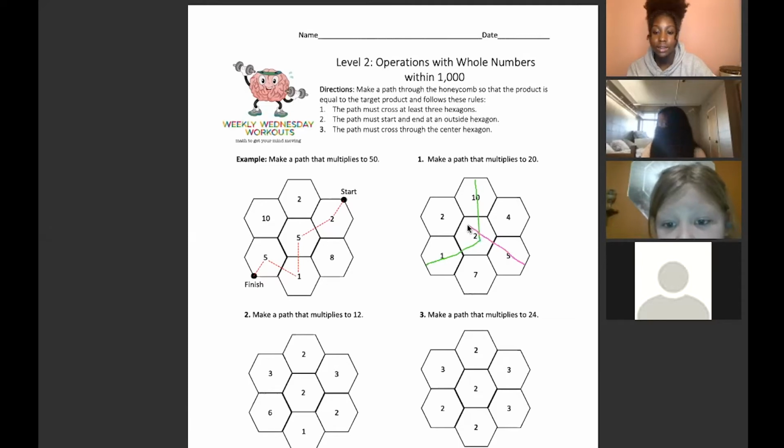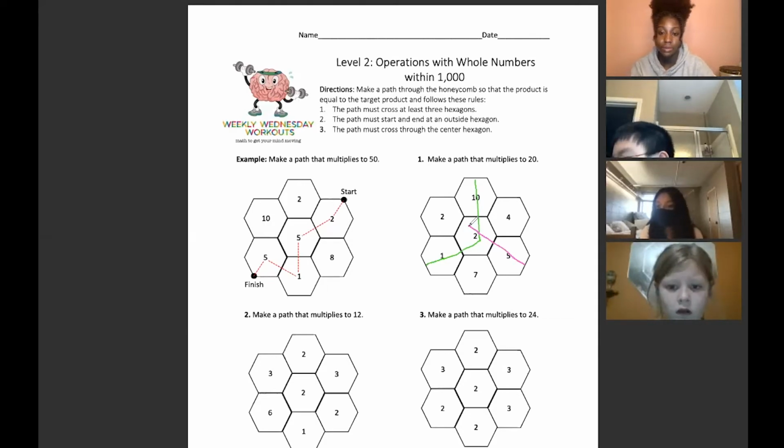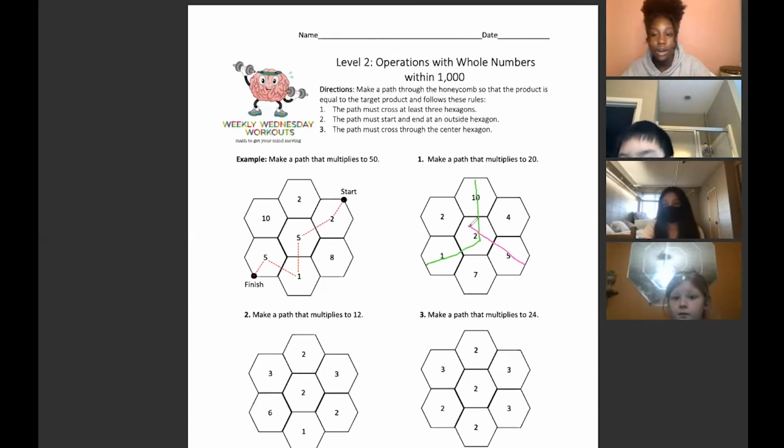Can you only do it twice if there are 2 of the numbers? Okay, I like what you said with the 5 times 2. So what did you tell me that 5 times 2 gives us? That would give you 10. Right. So do you see anywhere else that we could go so that we could multiply to 20?